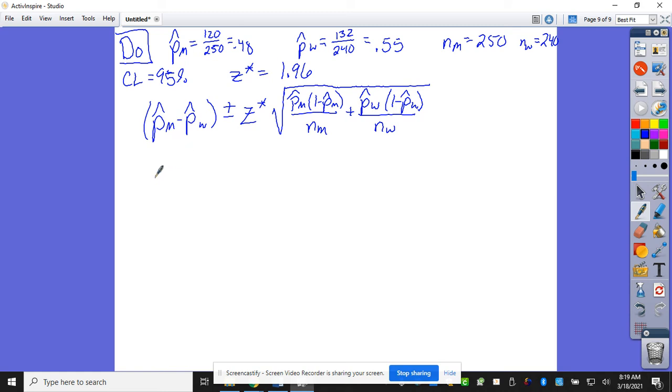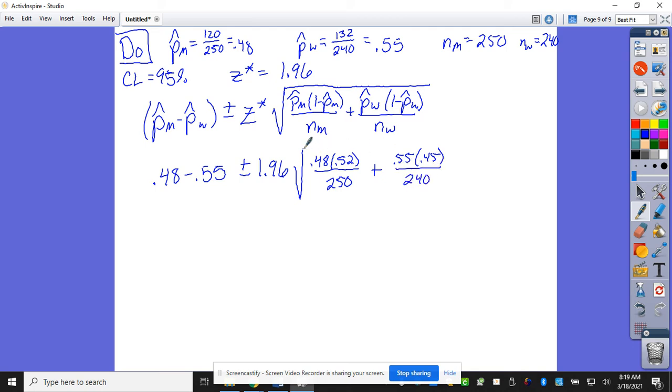And then so here, I think it's easier using the decimals now. So 0.48 minus 0.55 plus or minus 1.96 square root of 0.48 times 0.52 divided by 250 plus 0.55 times 0.45 divided by 240.